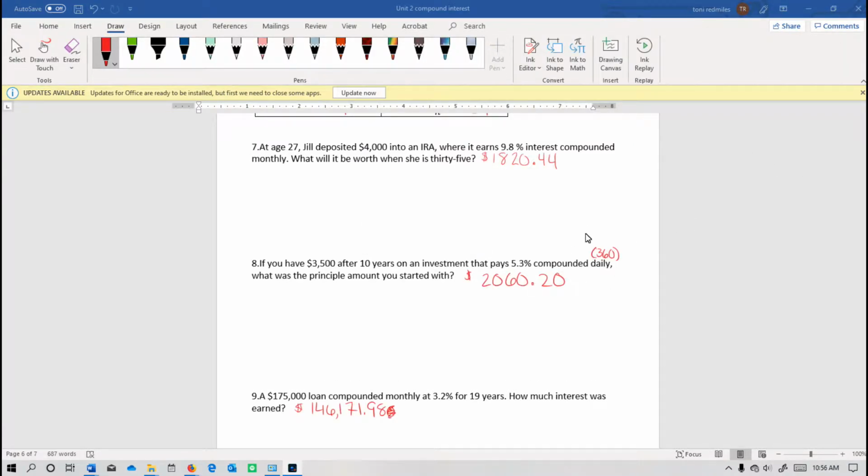As you see, I put 360 for daily. If you use 365, your number is going to be slightly off. Also remember, you shouldn't round your answer until the very end when you do these problems. But because we're all using different types of calculators, those calculators have particular string errors.